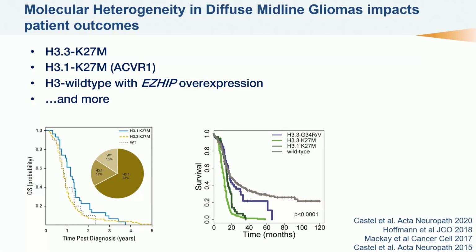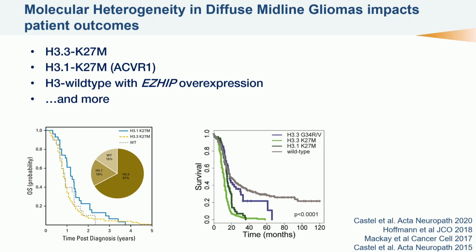And then when we look, is it important to understand the molecular characteristics of DIPG DMGs? And I think the answer is clearly yes. We have shown that different alterations, different subgroups are associated with different outcomes. And here listed are different studies, also from the European group, showing that the H3.1 mutations with ACVR1 alterations might have superior outcome compared to the H3.3, especially in the setting of P53 alterations.